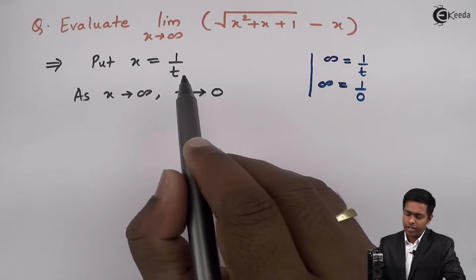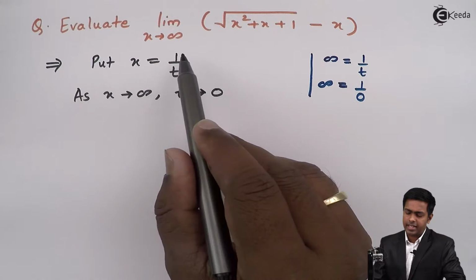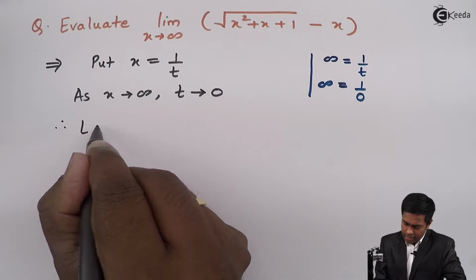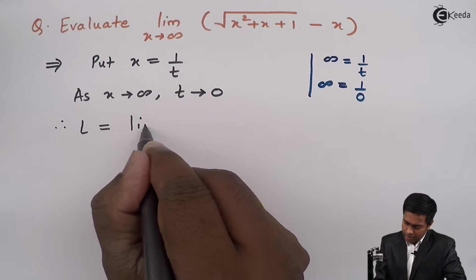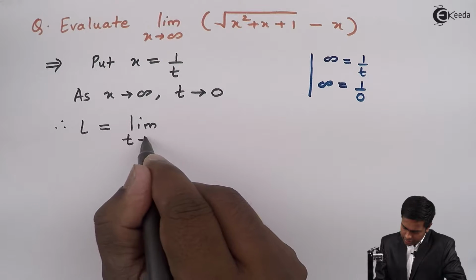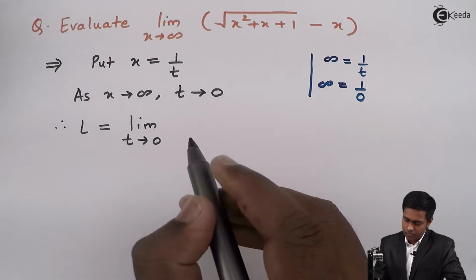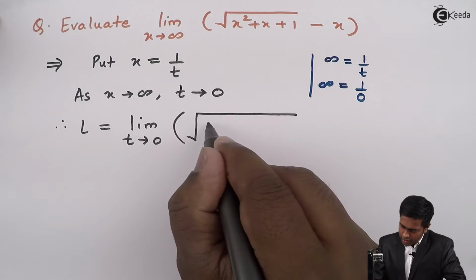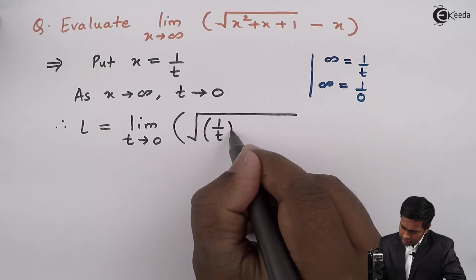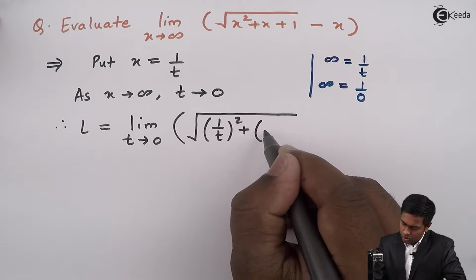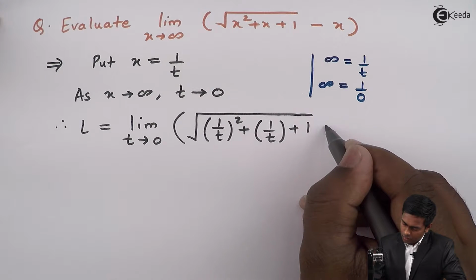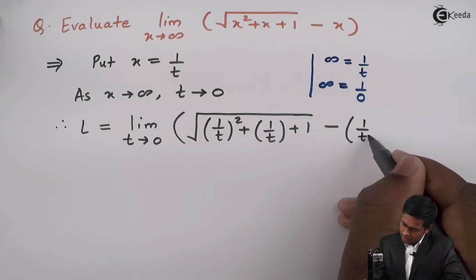So we got the limit for t. By substituting this limit and x as 1 upon t, we will get this limit as L equals limit t tends to 0 of square root of 1 upon t the whole square plus 1 upon t plus 1 minus 1 upon t.